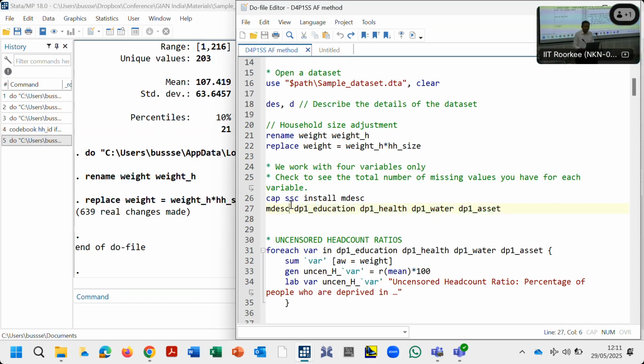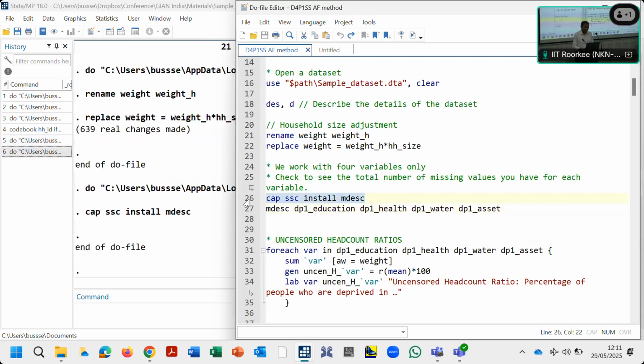So what you can do, first you need to check if there are missing values or not. And that you can do with this command, mdesc. If it is not in your computer, you can run line 26, and if it needs to be installed, it will install. Okay.